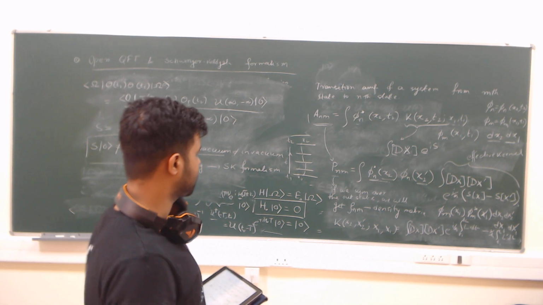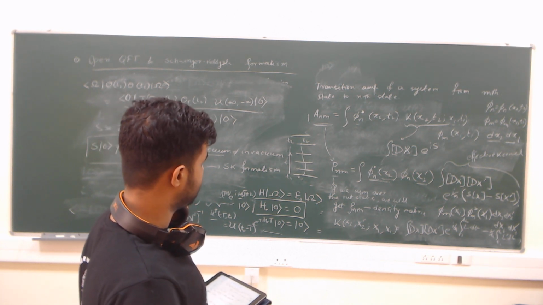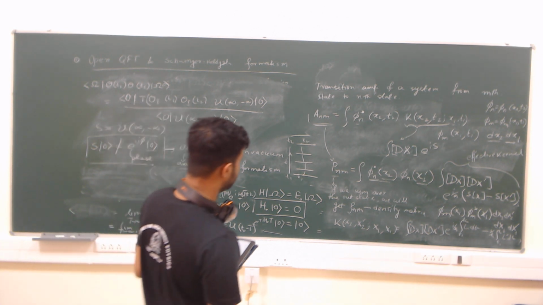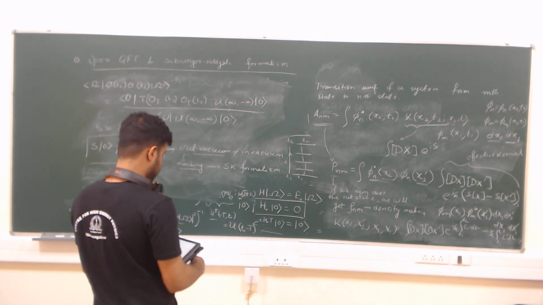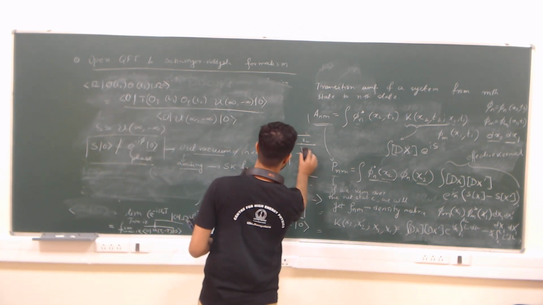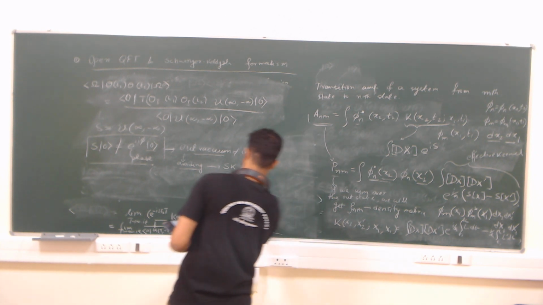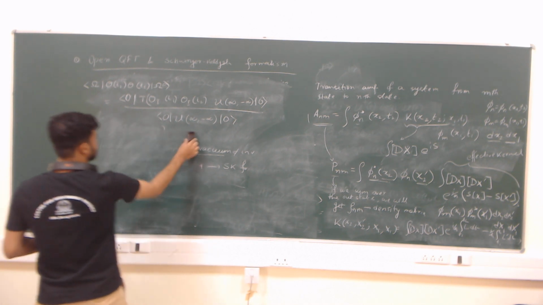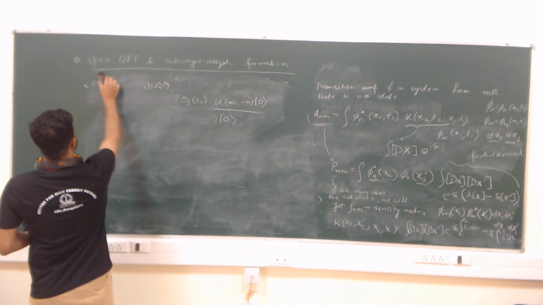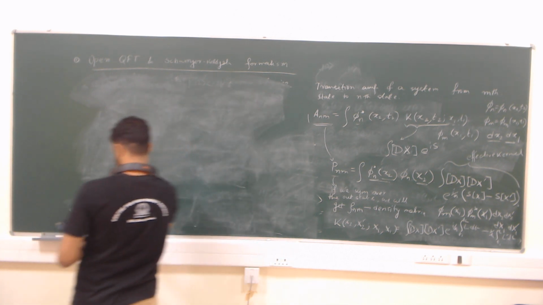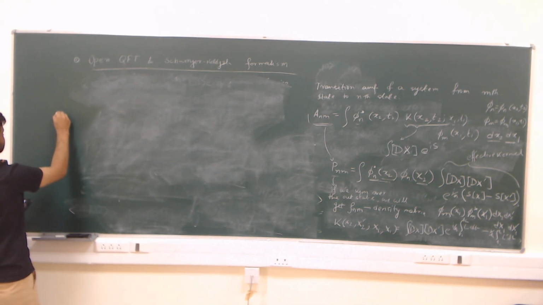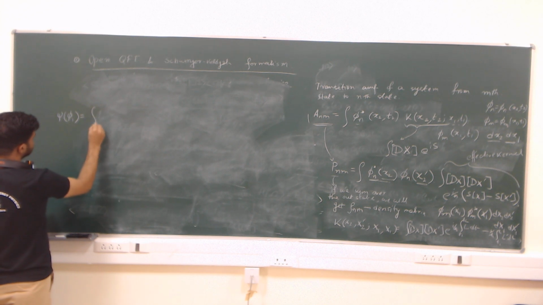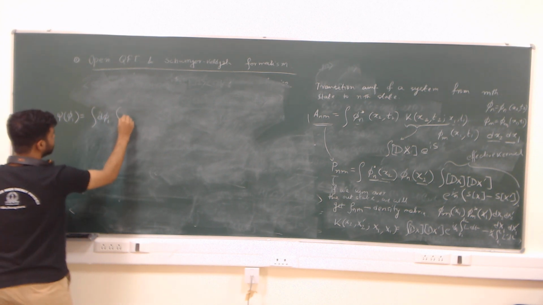So the formula for rho nn is the integral of PNM against, let's say, phi n. Let me go down. Let's say I have a psi of phi 1, which is something like d phi 1.